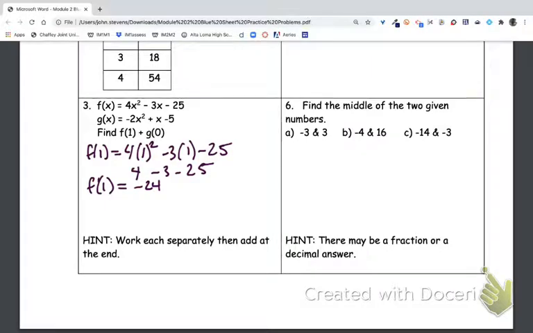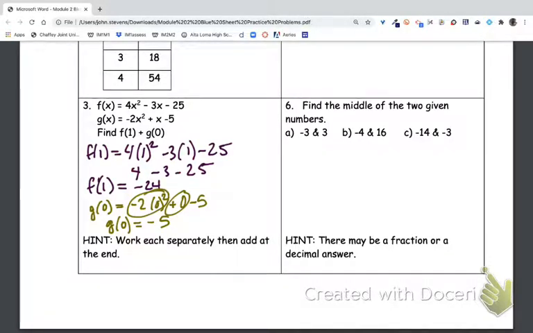The g of 0, so that now I'm going to plug in 0 into the g function. Negative 2 times 0 squared plus 0 minus 5. Well, anything times 0 is 0, plus 0 is still 0. G of 0 gives me negative 5.